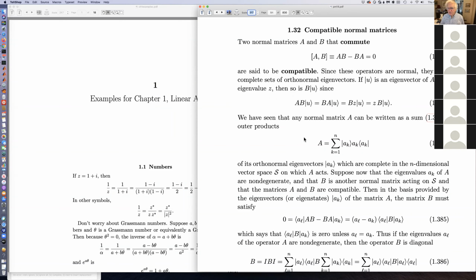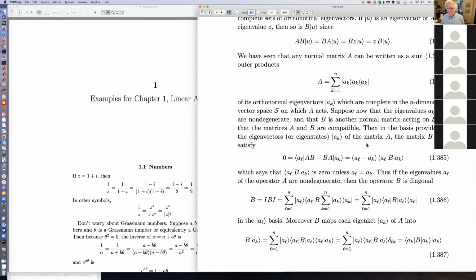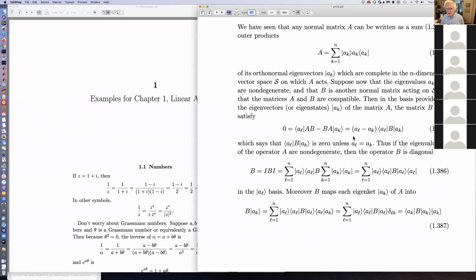We know that we can write any normal matrix in a nice diagonal form as a sum of its eigenvalues and outer products of its eigenvectors. Suppose B is another normal matrix in the same space, that A and B are compatible, that is to say they commute.